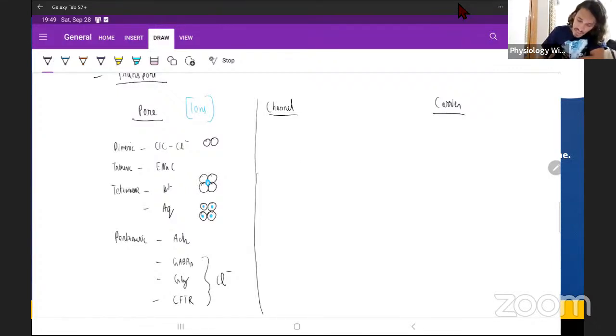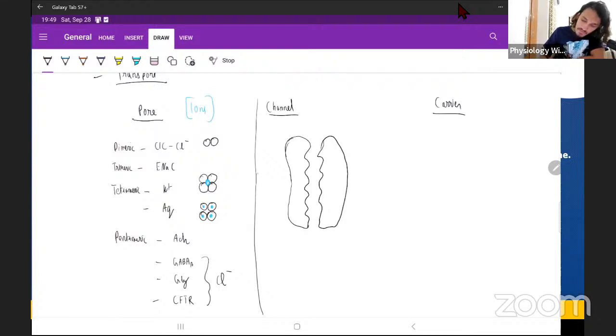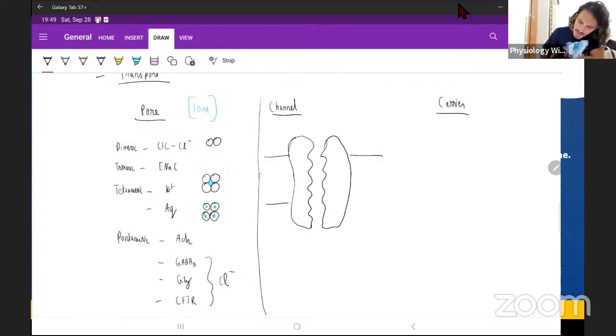Channels, generally channels are, you can draw something like this to understand what channels are, through which your fluid is going to pass through.